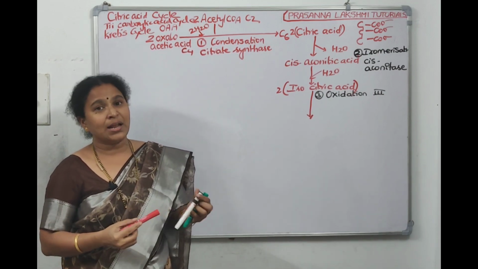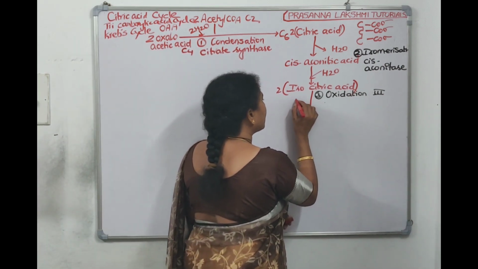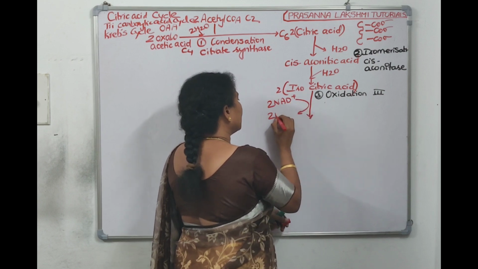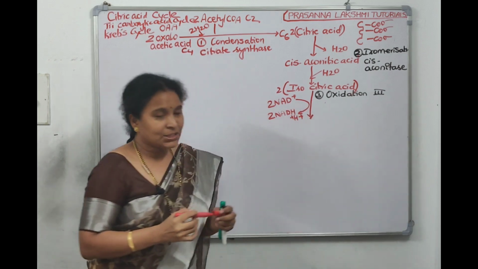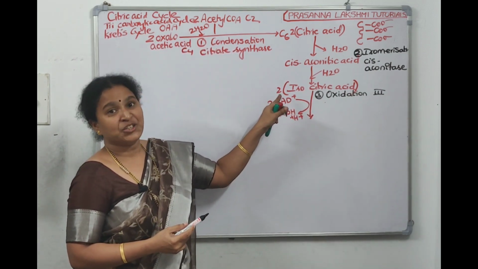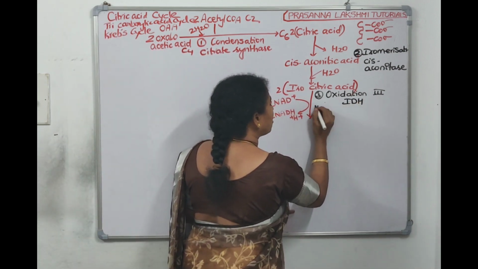Whenever oxidation happens, NAD will come, take the hydrogens, and become NADH plus H plus. So we can write here that 2 molecules of NAD will come, take the hydrogen, and become NADH plus H plus. Whenever NADH plus H plus is made, the enzyme will be a dehydrogenase. So the enzyme will be IDH, isocitrate dehydrogenase.